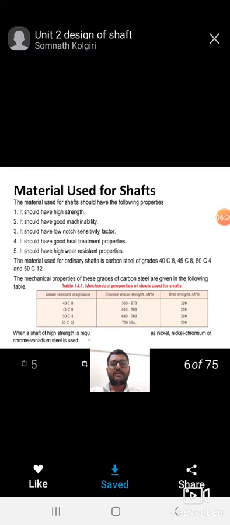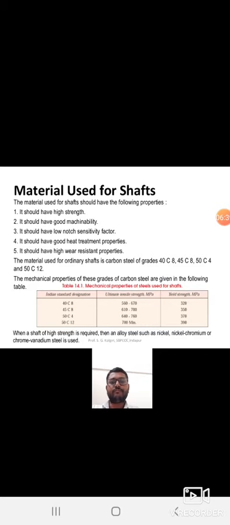Then the ultimate tensile strength for the particular shaft material. For example, for 40C8 material, the ultimate tensile strength is 500 to 670 megapascal, and the yield strength for this particular material is 320 megapascal.